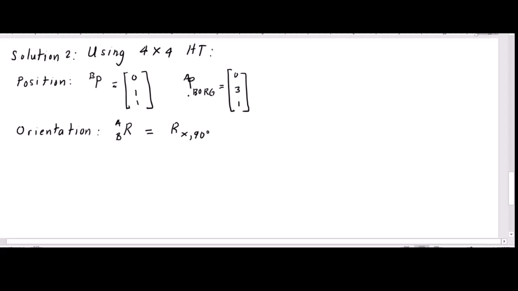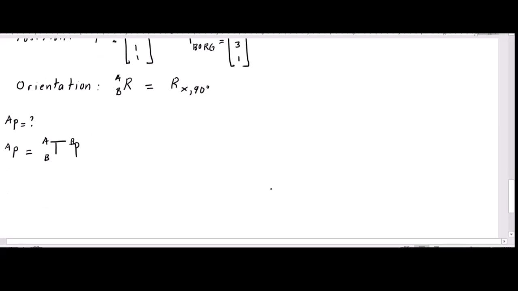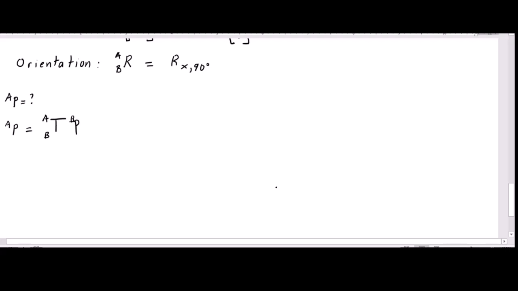So the equation will be P to A. So finding for the P to A, you will use this equation P to A is equal to the T, B to A, multiply that by P to B. So that's the formula for the 4 by 4.